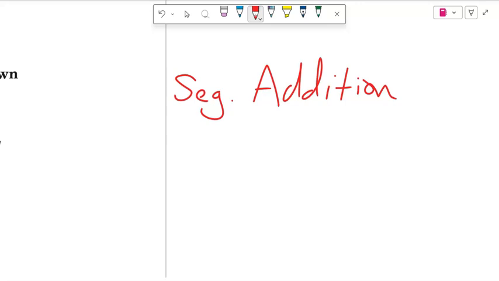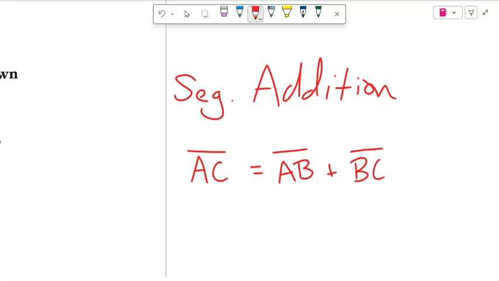And it's just how we set up a problem where we've got a segment with a point in the middle. So we've got segment AC, and the total distance of that line segment is equal to segment AB plus segment BC.